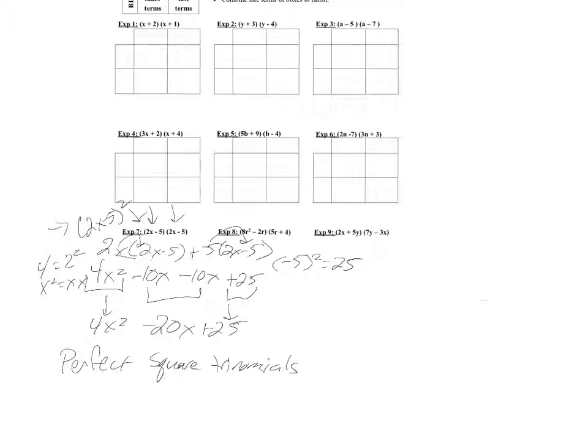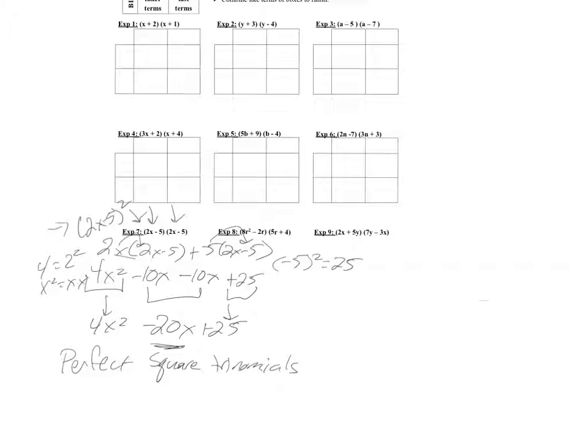All right, our middle term here, this negative 20x, had two identical terms that were combined together. All right, so that gets a little picky. We'll talk more about that later when we get into factoring. But this is a perfect square trinomial. So anytime you're multiplying two binomials, it doesn't have to be a linear times a linear, but anytime you're multiplying a binomial times itself, you're squaring a binomial, you're going to end up with this perfect square trinomial.